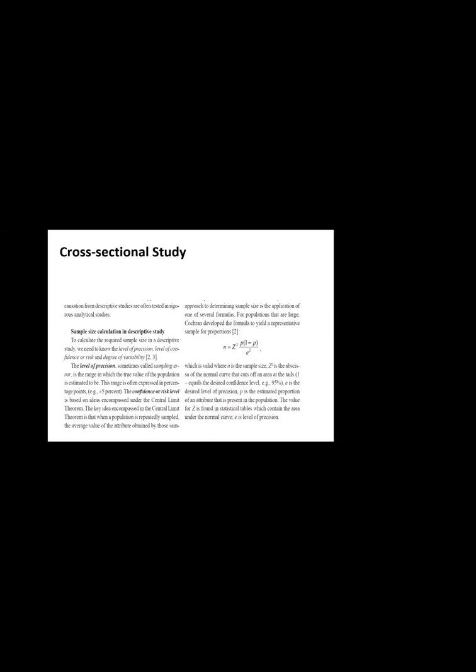So here you put, if it is 13%, that would be 0.13, multiplied by 1 minus p, which is 1 minus 0.13, all over margin of error. The margin of error is 0.05 if you are 95% confident. Like I said, these are statistical terms. Read the paper and you'll get a clear understanding of all these things. But I just want to open your eyes to the fact that you would definitely need sample size.